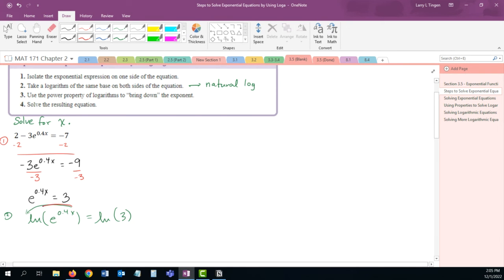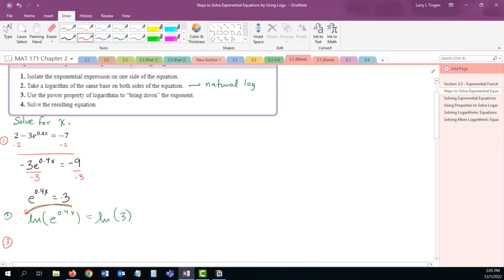Step 3 is all about, remember the goal is to get x on the side by itself. That's the long-term final goal. X is currently in an exponent. The only way I know to solve equations where my variable's in the exponent is to get the same base on both sides. E to the 4/10 x equals 3. E and 3 are never going to be able to be rewritten. 3 is not e squared or e cubed, and e is not 3 to some power.